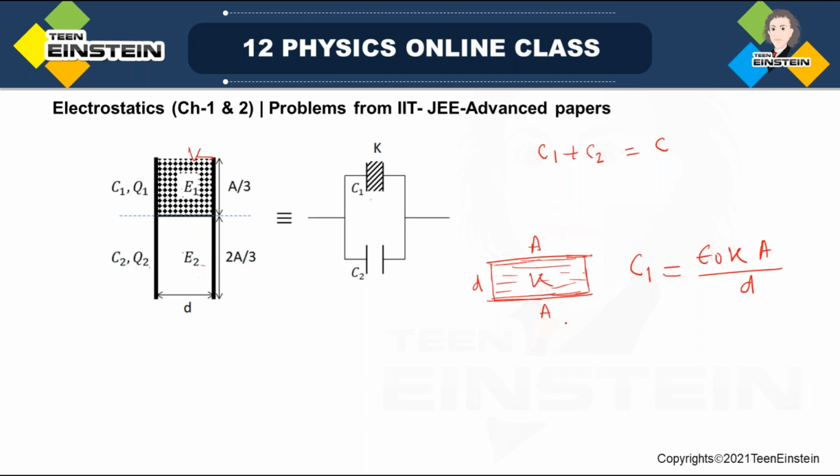Let's say that is D. So this portion has capacitance C1 equal to epsilon 0 KA by D, right?